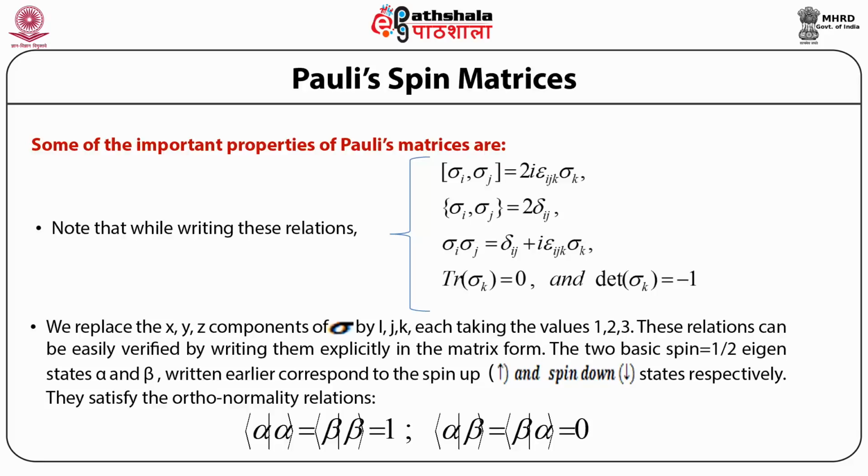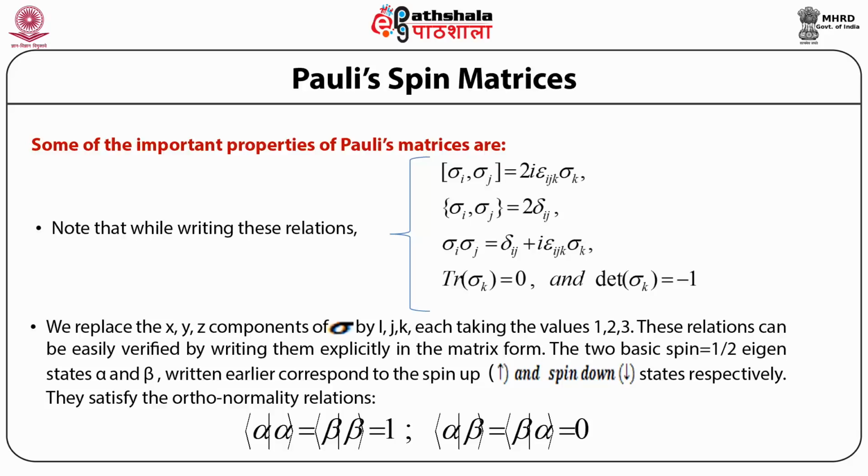The anti-commutation relation of sigma i and sigma j yields 2 delta ij, which means if i is equal to j, then the anti-commutation relation gives a value 2, and if i is not equal to j, then it returns a value 0.